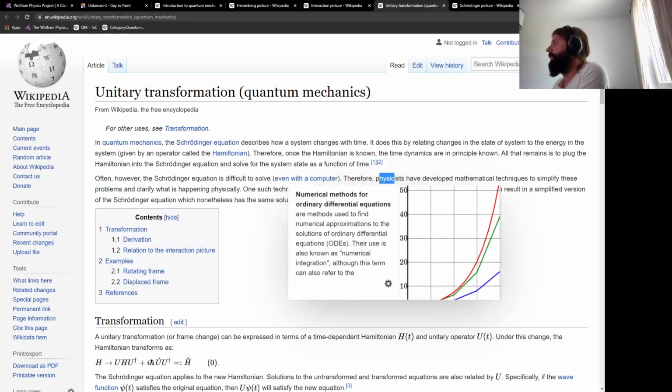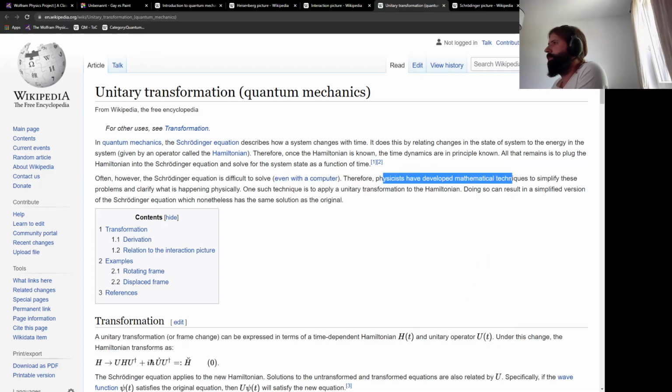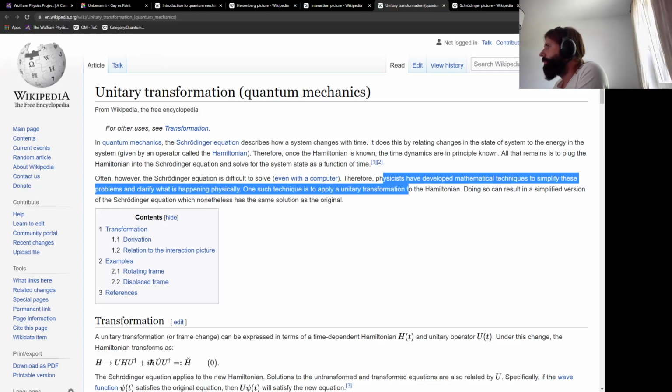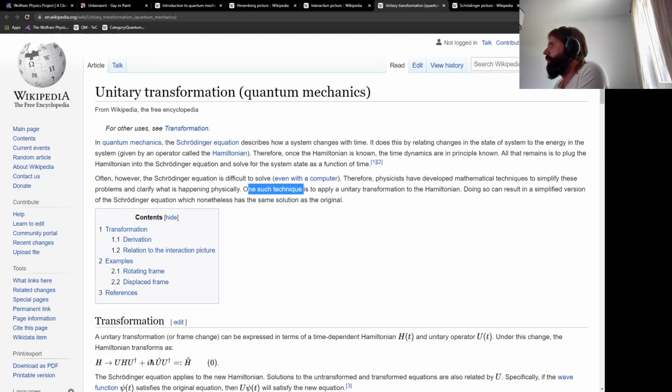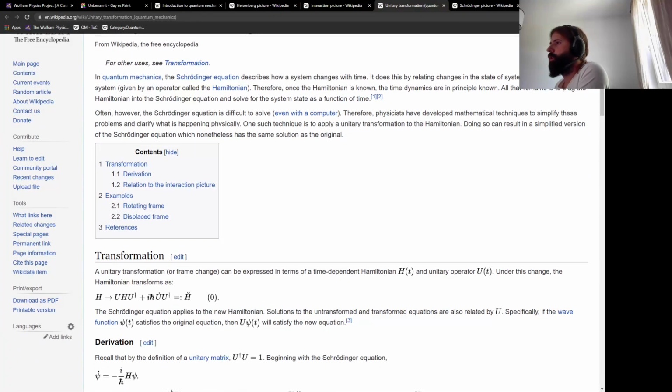Even with the computer. One such technique is to apply a unitary transformation to the Hamiltonian. Doing so can result in a simplified version of the Schrodinger equation, which nonetheless is the same. A unitary transformation or frame change can be expressed in terms of a time-dependent Hamiltonian and a unitary operator.